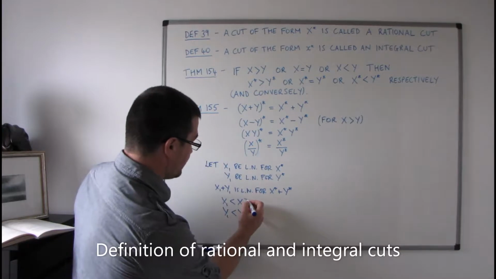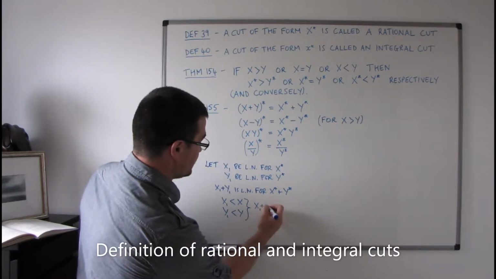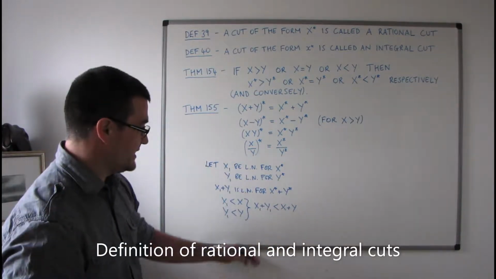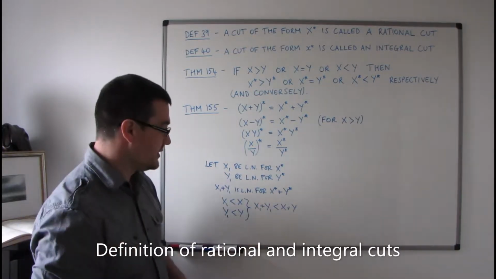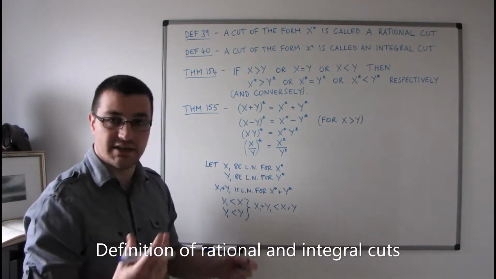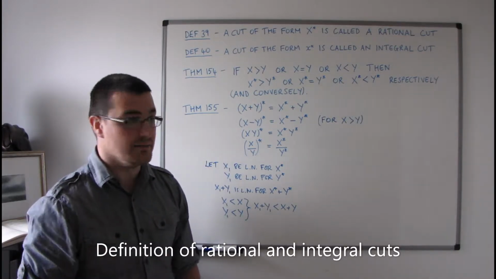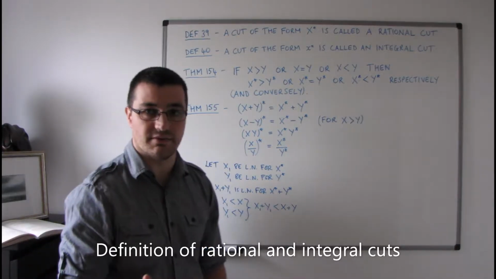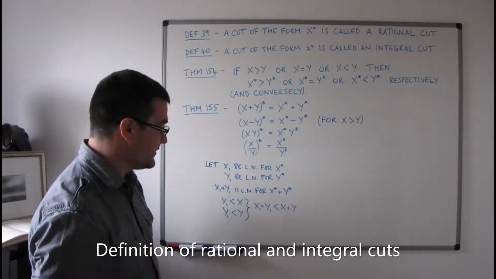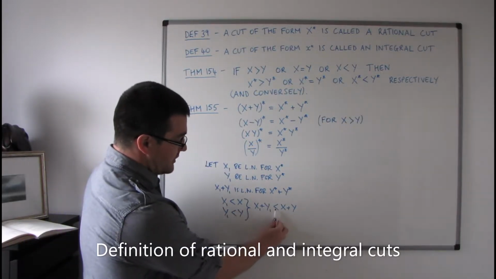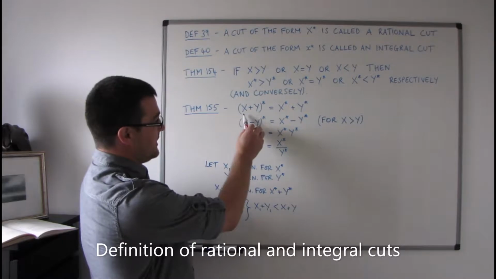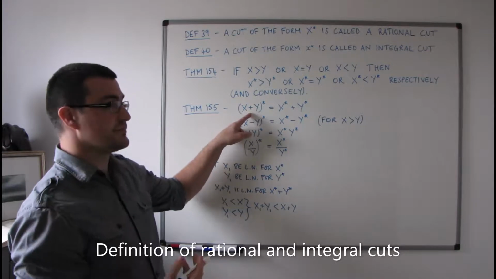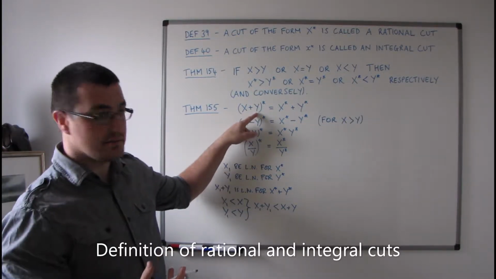And from this we can conclude that x1 plus y1 is less than x plus y. This is a theorem that's proved in the section on rational numbers. It's one of the ones that I missed out. It's a fairly trivial theorem, but as I've said before, even though theorems are trivial, it doesn't mean that they're useless. They're actually often quite useful, albeit trivial. So if x1 plus y1 is less than x plus y, remember that x plus y star is the set of all rational numbers less than x plus y.